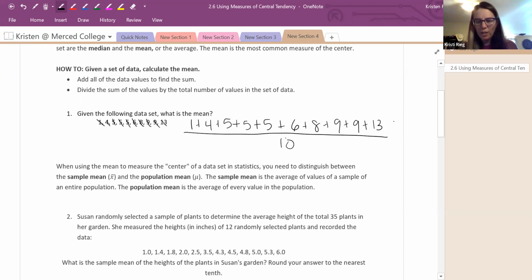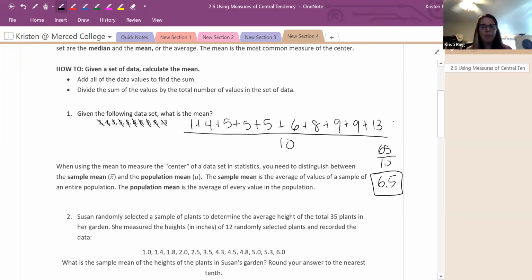So you just throw it into your calculator, you add them all up, and I like to get that answer first. So I have 65 on top, and then I'm going to divide it by 10, which is 6.5. That is the answer to that one.